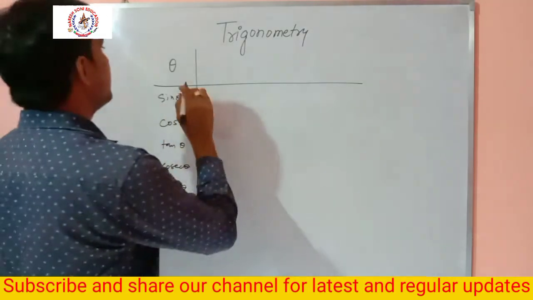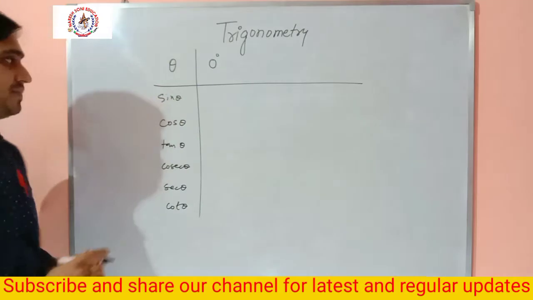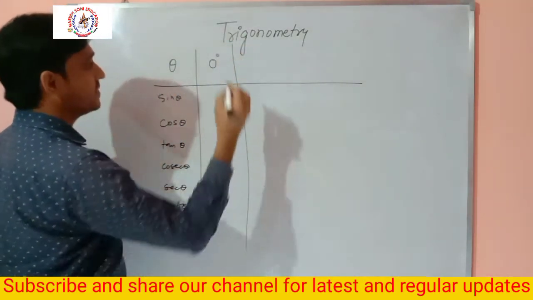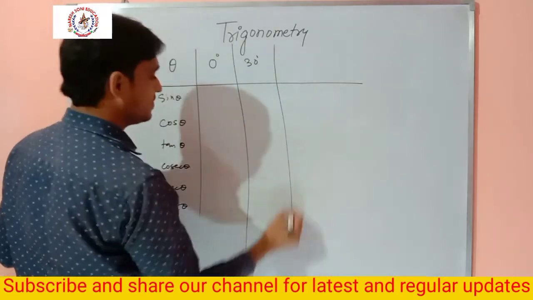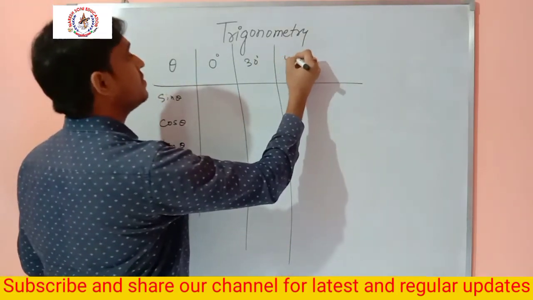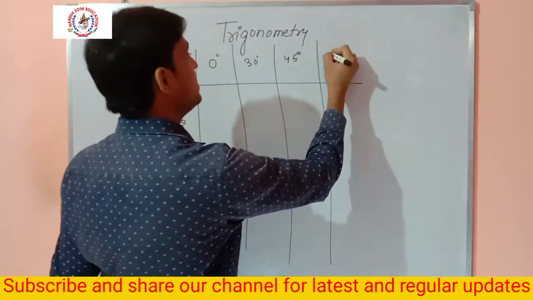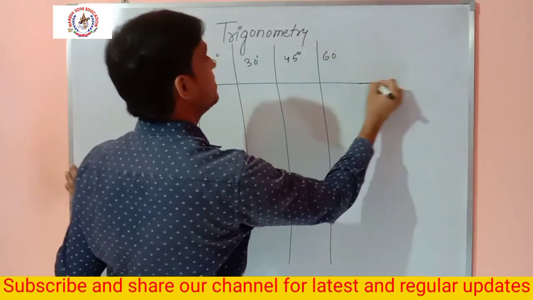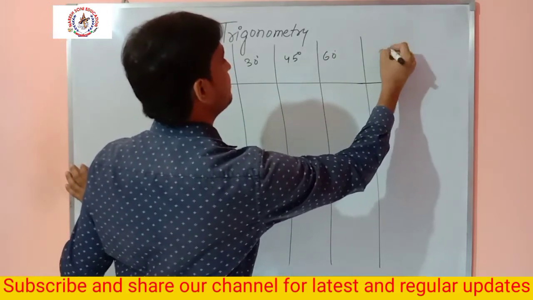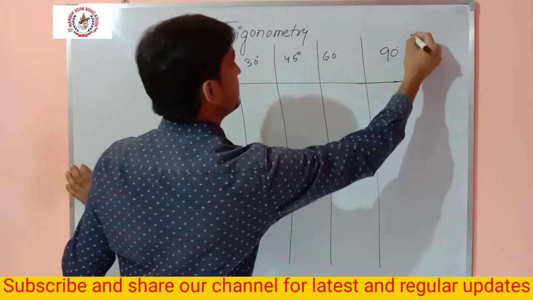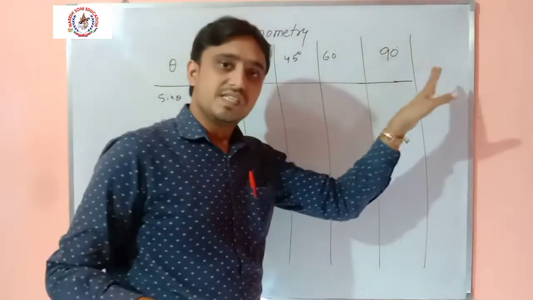Here the theta angle is 0 degree, the next one is 30 degree, the next is 45 degree, the next is 60 degree, and the last one is 90 degree.